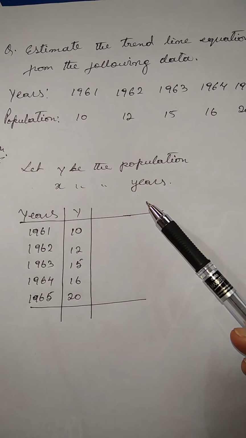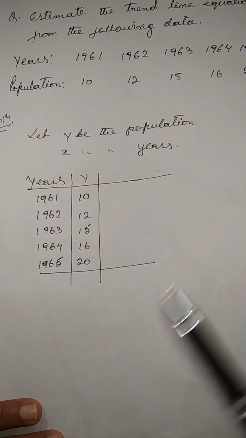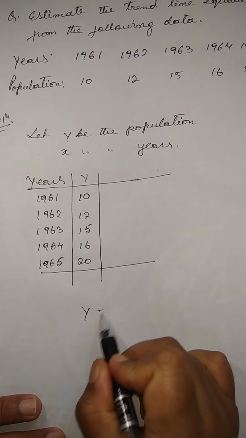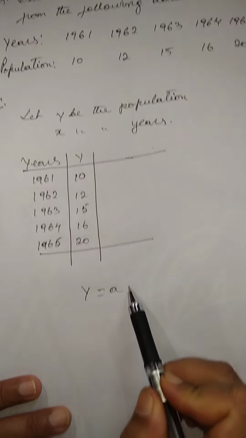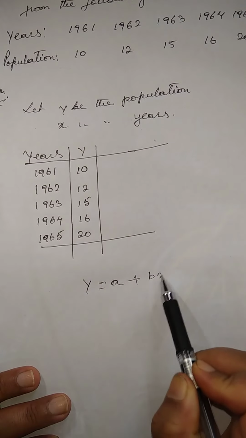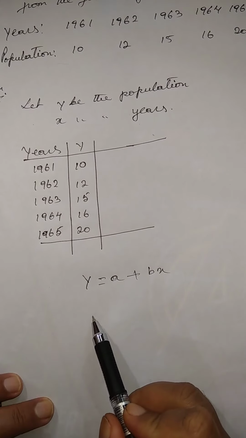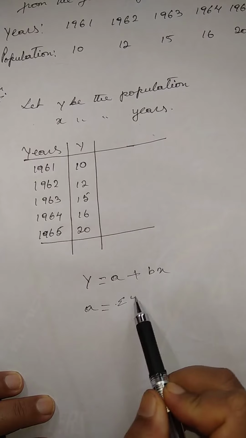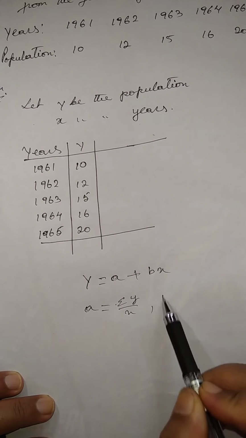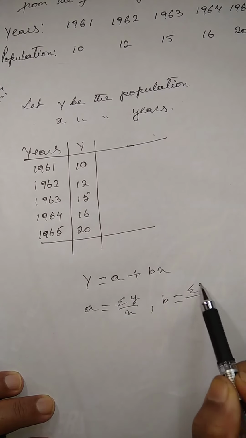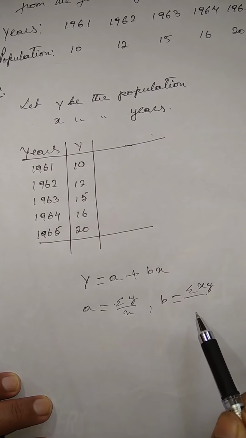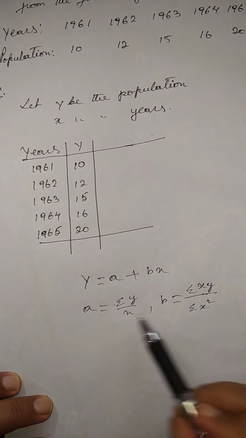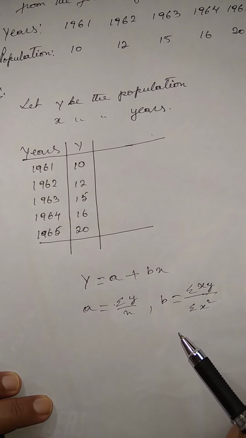I have arranged it in the form of a table. Because we have to fit the trend line equation, our trend line equation is a plus bx. Now we have to find a, which is summation y by n, and b, which is summation xy by summation x squared.